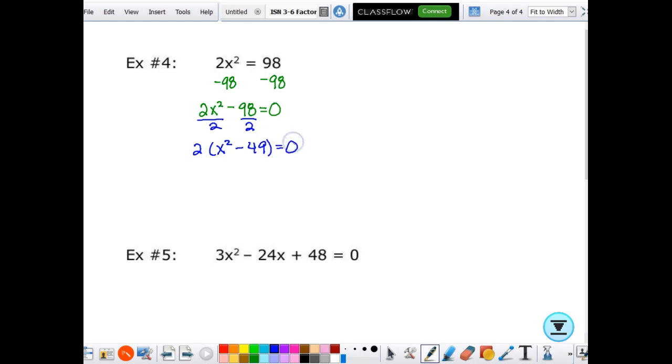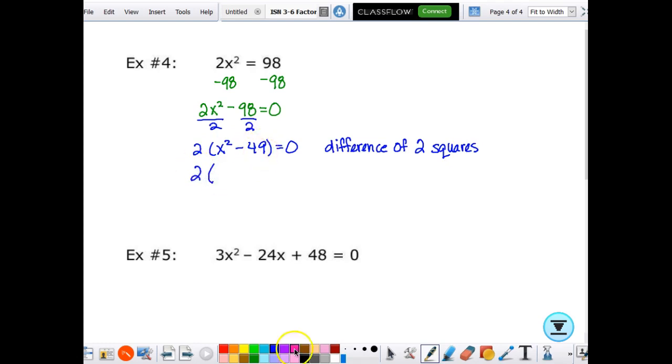We haven't gone over difference of two squares. Difference of two squares: when you have two terms, and it has to be subtract, two terms that are subtracted, and they are both something that you can take the square root of, then it's super easy to factor.